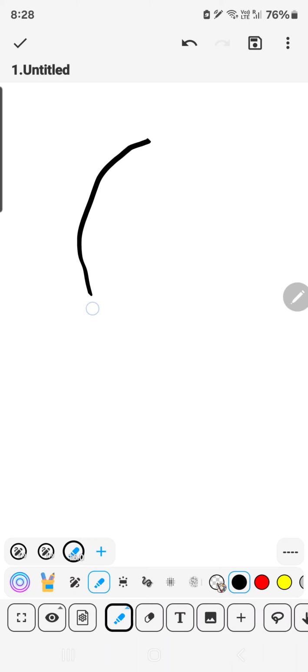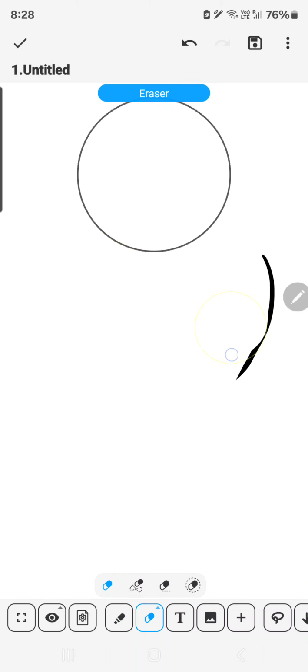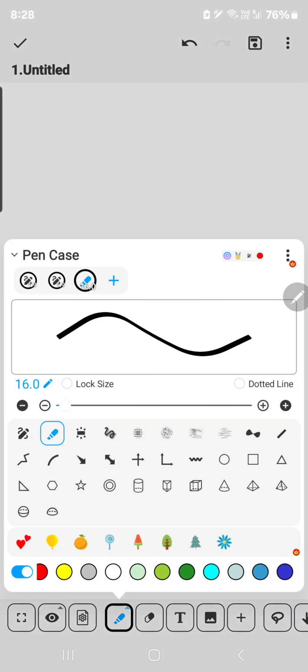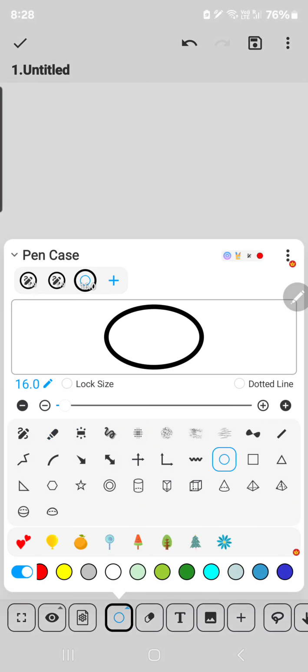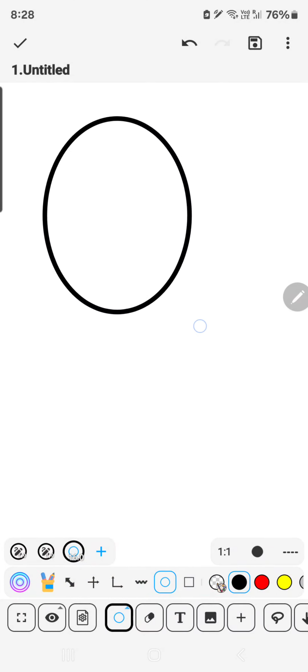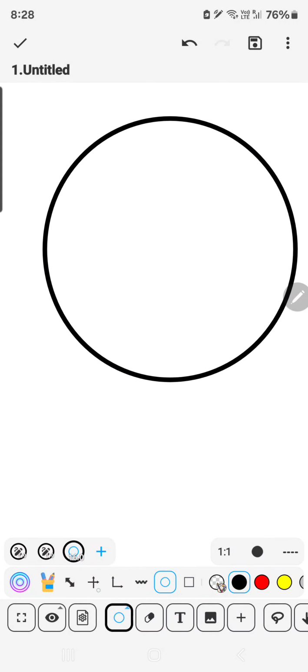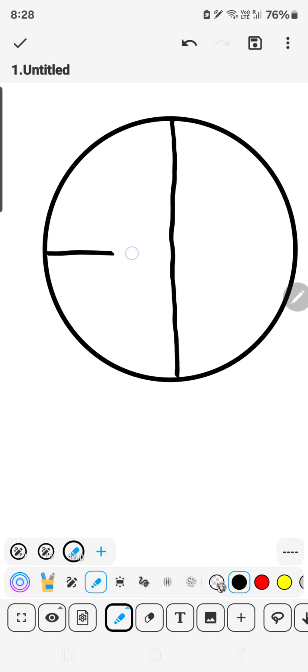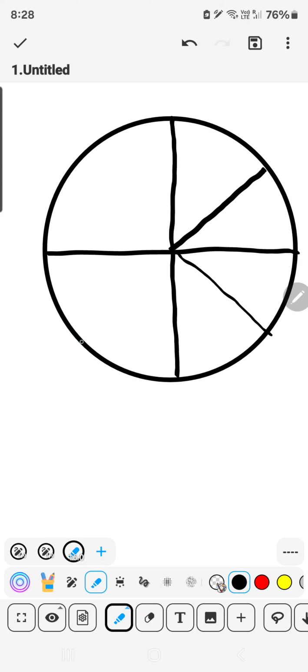So now I'll draw a clock here. Oh, the circle is not good. Wait, I'll draw it again so that the circle becomes good. Yeah, this circle is good. Now I'll divide this into 4 parts, and 2 more parts in each of them.